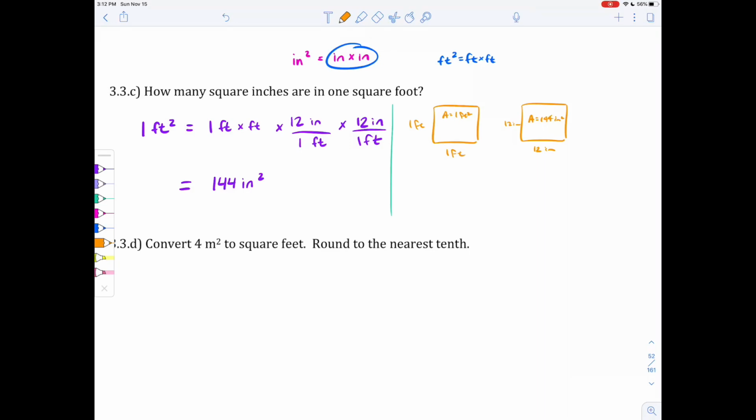And that's how we do it. Also, just again, another thing that's just my own personal preference. If I want to convert 1 square foot, as Ms. T said, we need to make sure we're implementing this conversion rate twice, one for each of these feet.